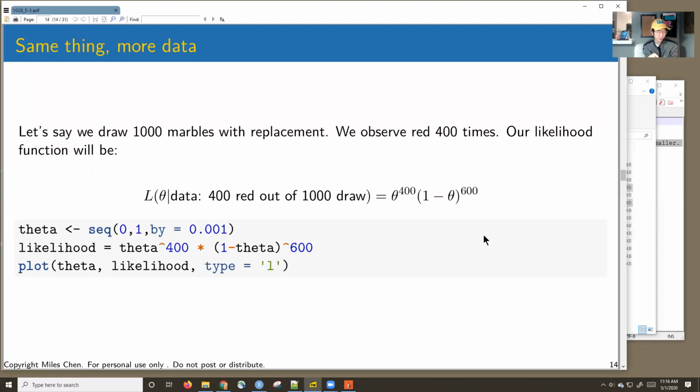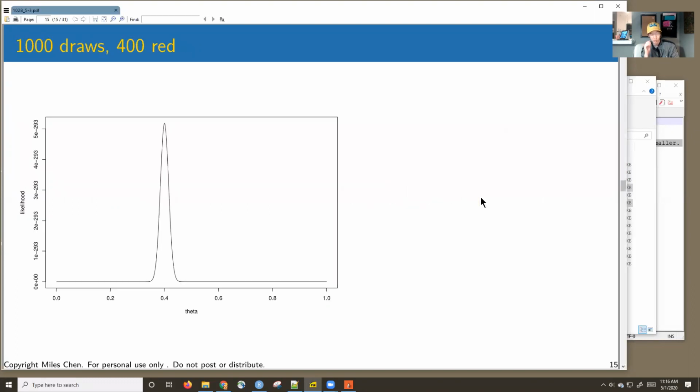Then the likelihood for some exact sequence is going to be theta raised to the 400 times 1 minus theta raised to the 600. So what does the likelihood function look like here? If you graph this across different values of theta, this is what it looks like.